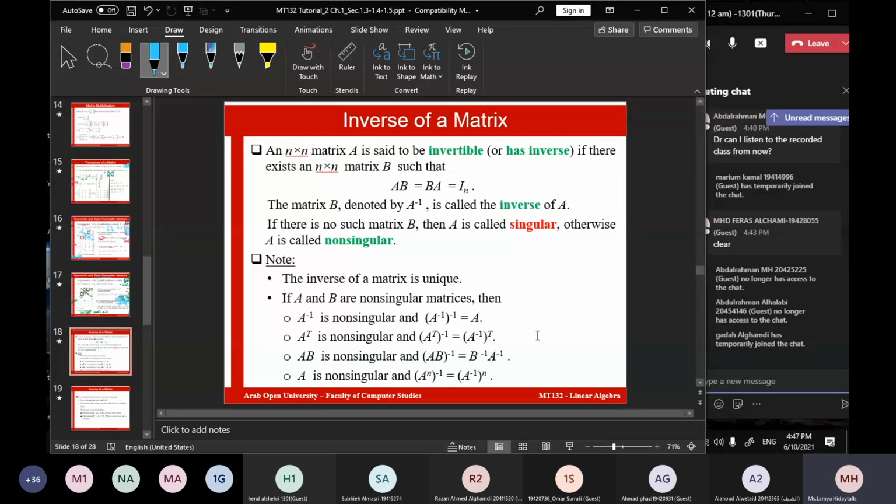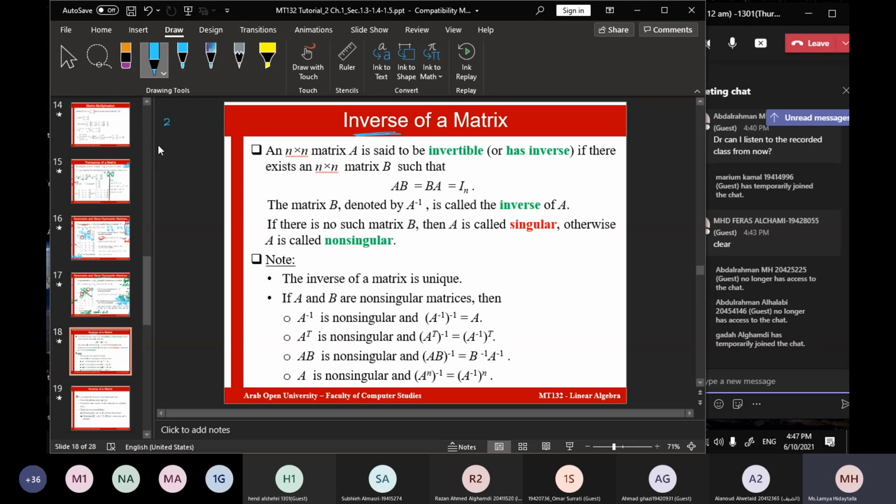Okay, now we want to define what we call the inverse of a matrix. What is the inverse of a matrix? Let me remind you first with numbers. In multiplication, what is the inverse of 2?